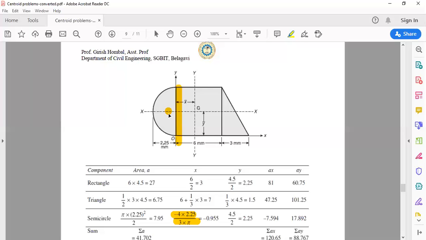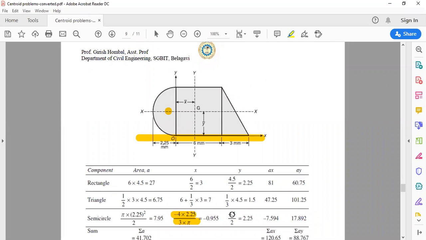The minus sign is only because the distance is measured on the negative side of the x-axis. Next, we need to calculate the y bar for the semicircle. For y bar, we are going to calculate the distance from the x-axis to CG. So from the x-axis to CG, it is d by 2, or simply r, where d is the diameter and r is the radius.